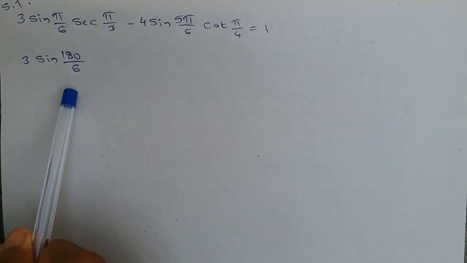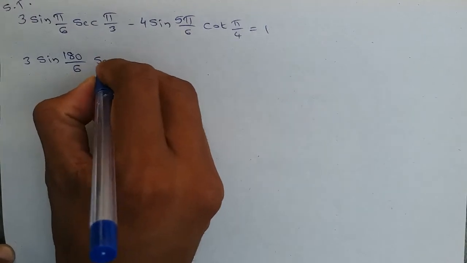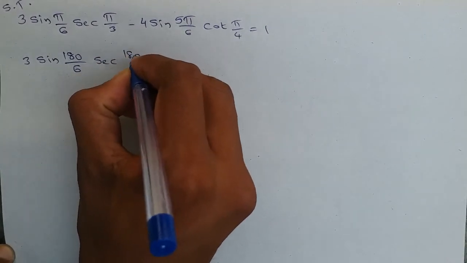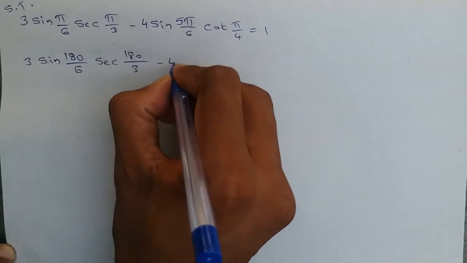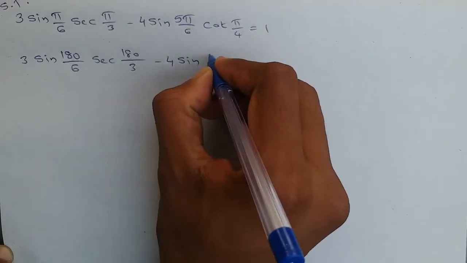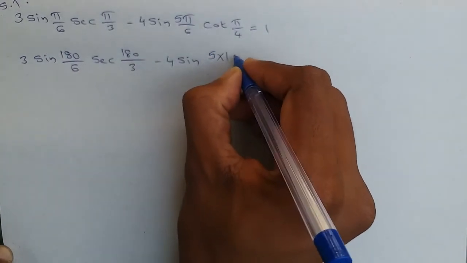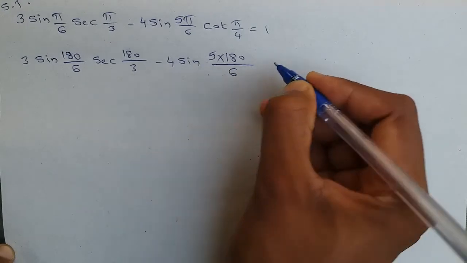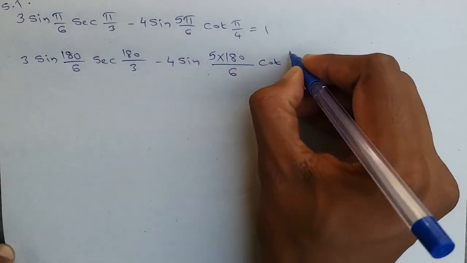I am changing it into degrees. Secant, in the place of pi, 180 divided by 3, minus 4 times sine into 5 into 180 divided by 6, times cot 180 divided by 4.